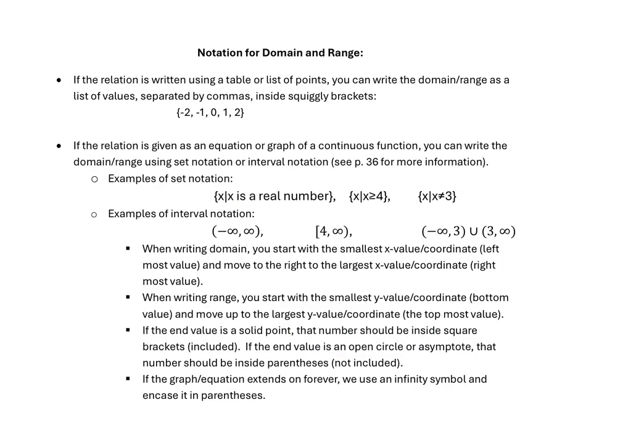All right, so now we want to talk about notations for domain and range. Okay, so the first thing we have, we already looked at it in the previous video.